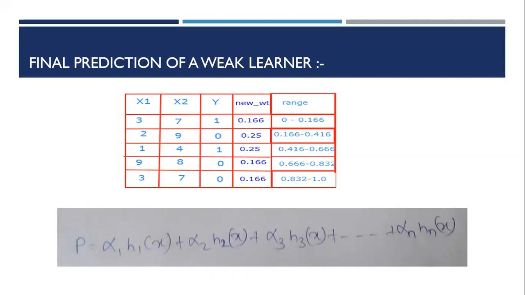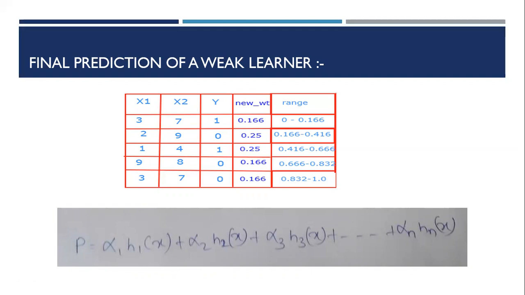Then I will randomly pick some numbers between 0 and 1 and see which bins or ranges those numbers fall in. Since row number 2 and row number 3 ranges are wider, most of the numbers will fall inside the ranges of the misclassified rows.